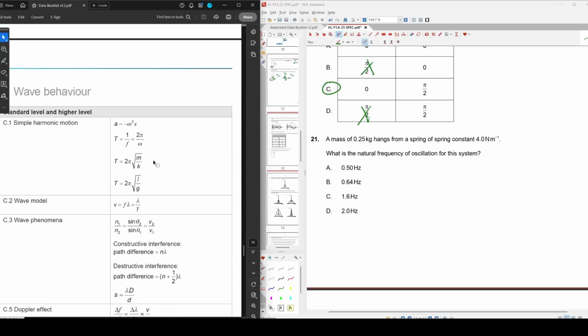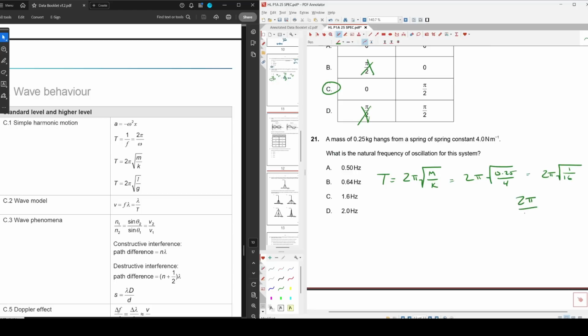So, let's see. The natural frequency of oscillation for the system means 1 over the period. There's the period of a spring mass oscillator. So the period is 2 pi square root of m over k, which is 2 pi square root of 0.25 over 4. 2 pi square root of 1/16.